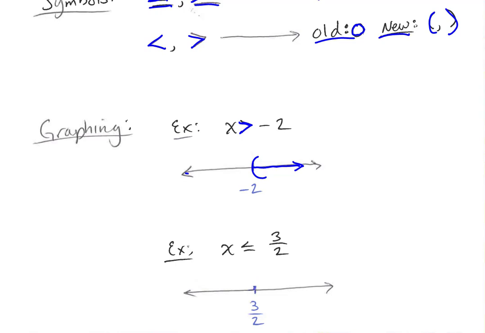So starting at 3/2, we put a line segment that's going to point to the left. But then this kind of inequality is the inclusive less than or equal to. So we're going to use a square bracket, and the bracket, just like the parenthesis, always just opens toward where the arrow is pointing. And so this is how we can take simple inequality statements or expressions and put them on a number line graph.